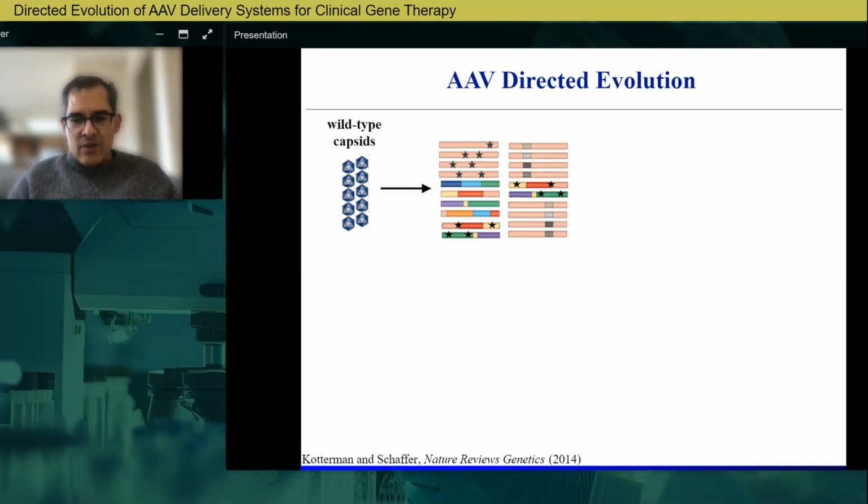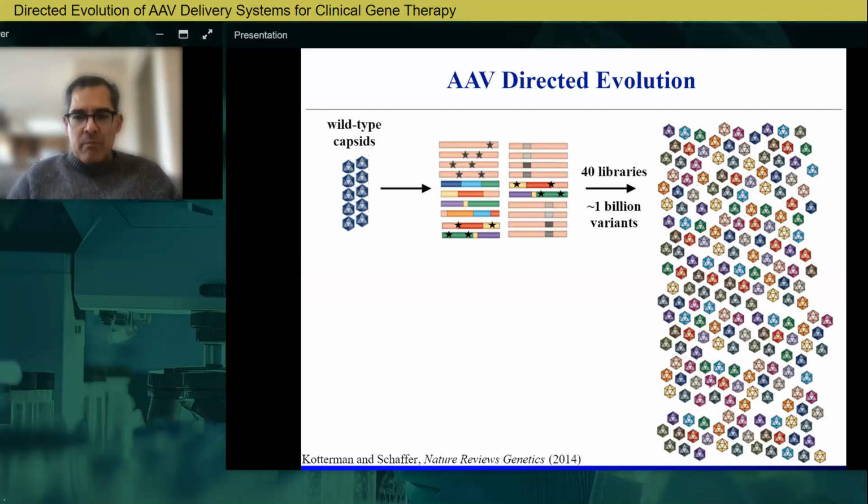The way that technology works is that you take DNA encoding a natural version of the virus, and specifically the capsid, because it's that protein shell that serves as the delivery vehicle for the nucleic acid. We then use a variety of approaches to genetically diversify that capsid to create a large gene pool.